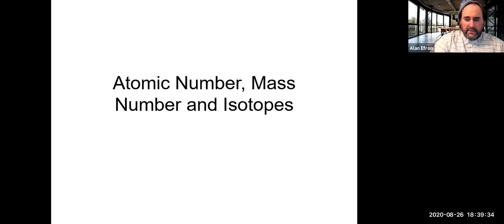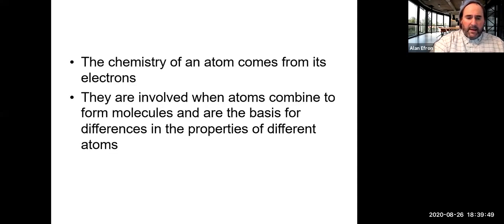Okay, so then let's talk about some aspects of an atom. We're going to talk now about atomic number, mass number, and isotopes and what each of those things mean. I think we're going to start with atomic number. The nice thing about basic chemical reactions is that most of the chemistry is involved with the electrons.